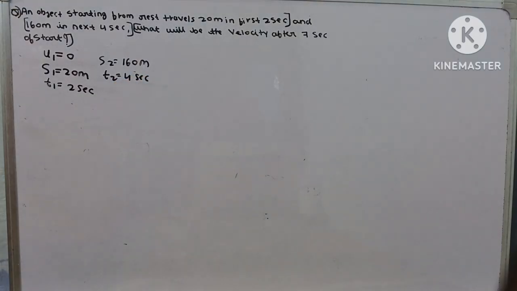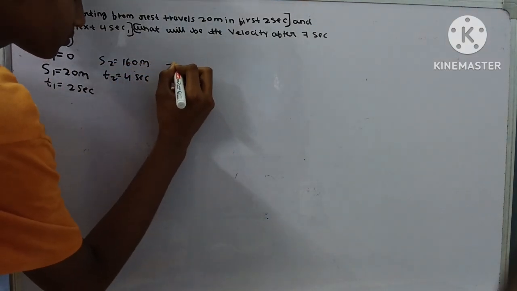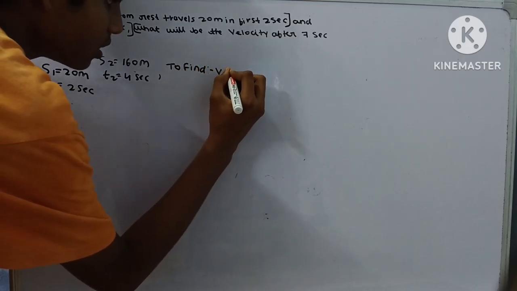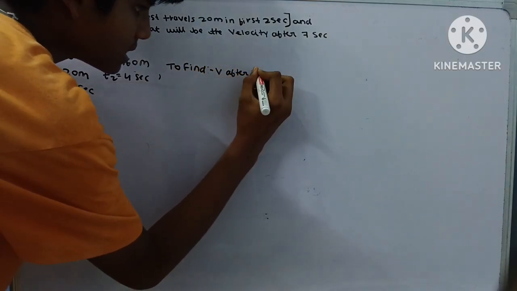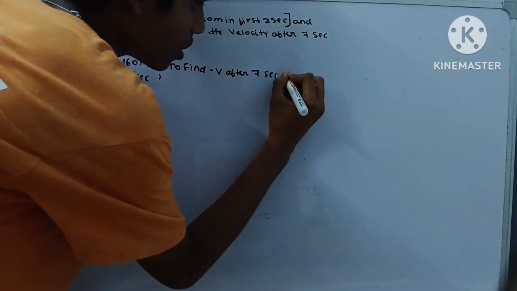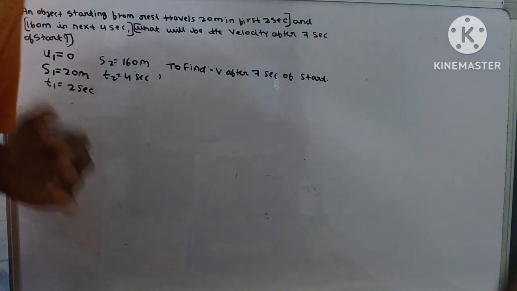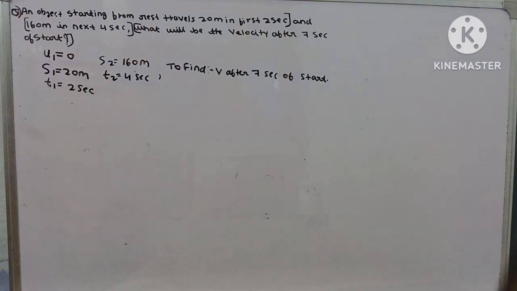Now all these things are given in the question, so we will write what we have to find. We have to find the velocity after 7 seconds of start.